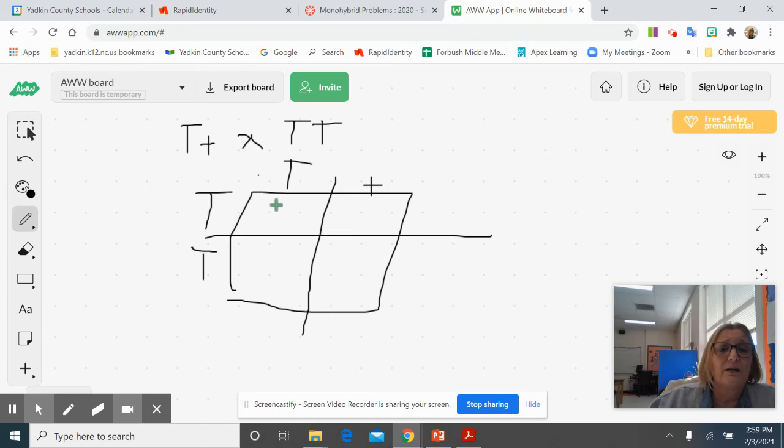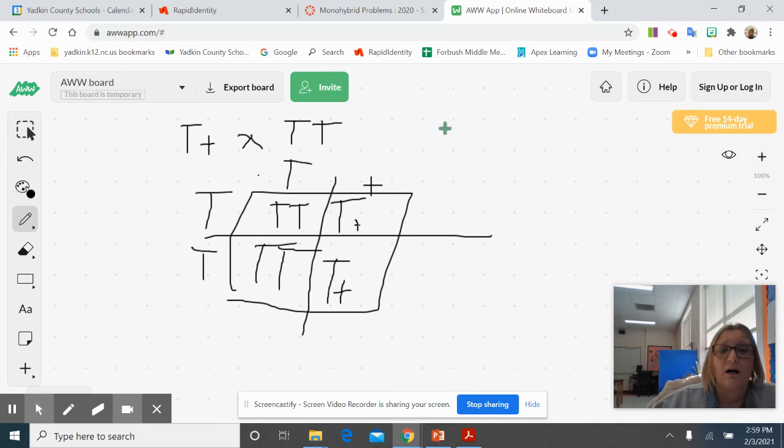All right, so here we have a dominant and a dominant. Here we have a dominant and a recessive. Here we have a dominant and a dominant. Here we have a dominant and a recessive. Okay, this one is hybrid tall. This is purebred tall. We are crossing these two.